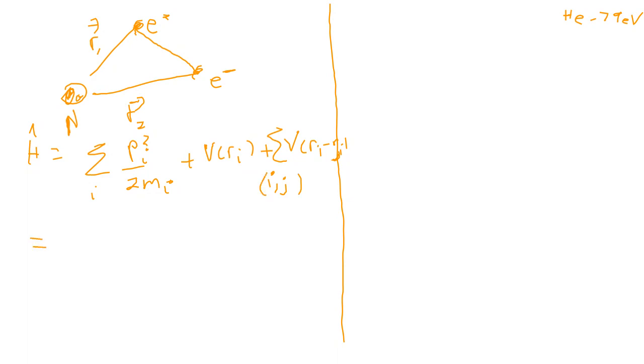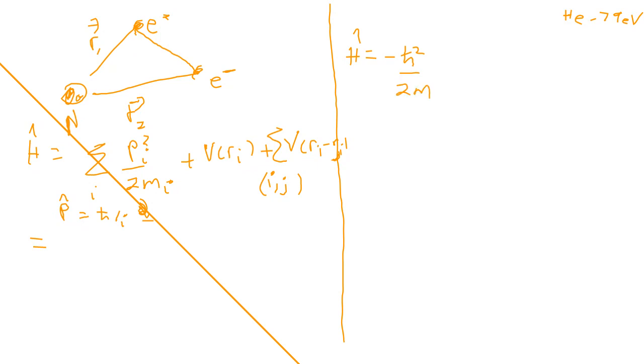And quantum mechanically, once you do this canonical replacement, p goes to h bar over i d by dx, you get that the Hamiltonian will be given by minus h bar squared over 2m for two particles, so there will be the del 1 squared plus del 2 squared, plus this term.